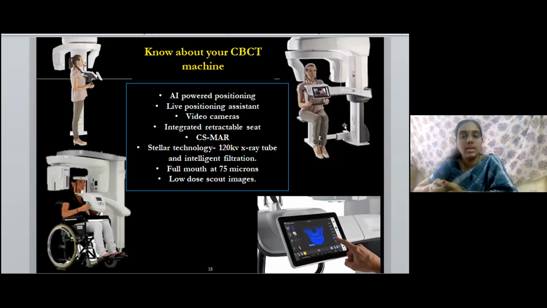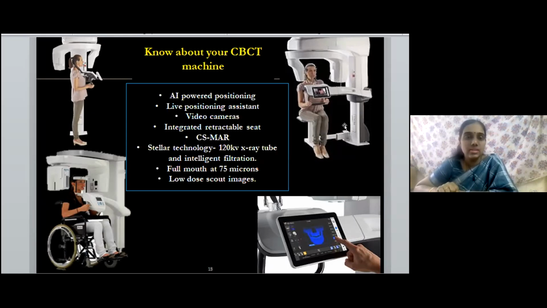CSMR is metallic artifact reduction. It has a technology with much reduction in metallic artifacts, and the stellar technology where a 120 kV X-ray tube is present, where you can very much reduce the noise and the artifacts caused by metallic restorations.